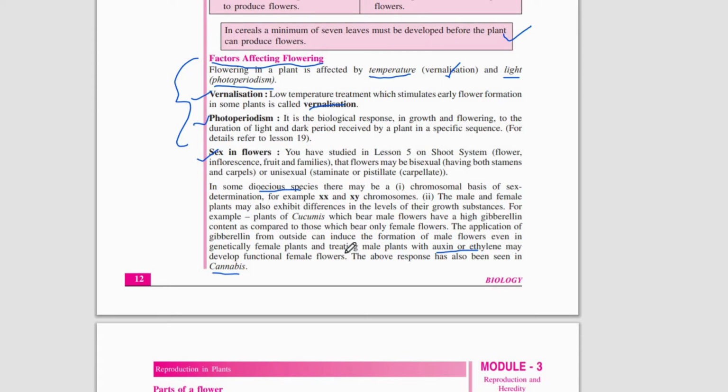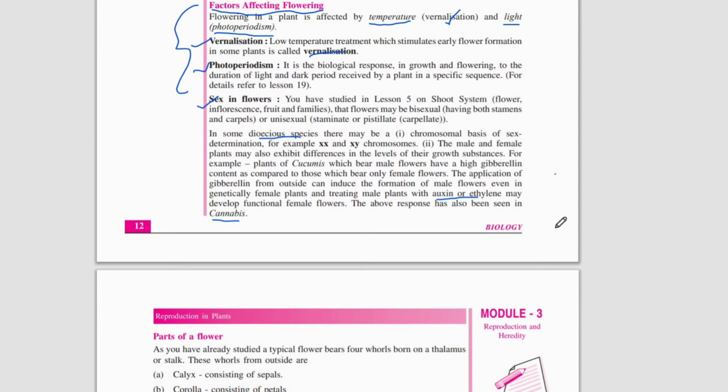If you want to convert a female flower producing plant to a male flower producing plant, in Cucumis you can apply gibberellin, which will induce the plant to produce more male flowers. Similarly, in plants like cannabis, if you apply more auxin or ethylene, it will produce more female flowers. So sex in flowers is also an important factor in determining what type of flower is produced.